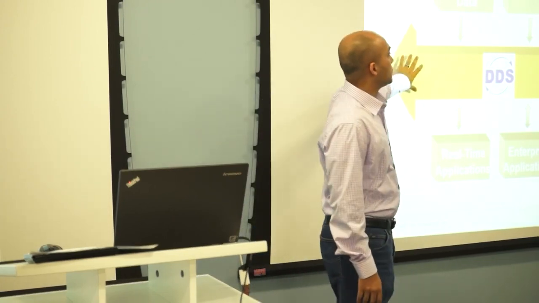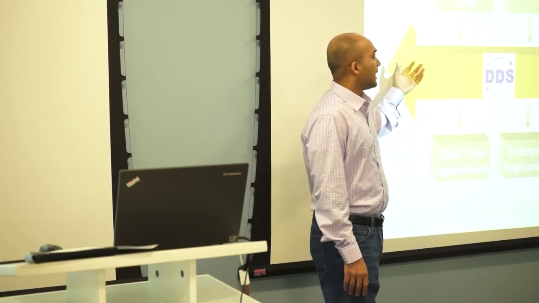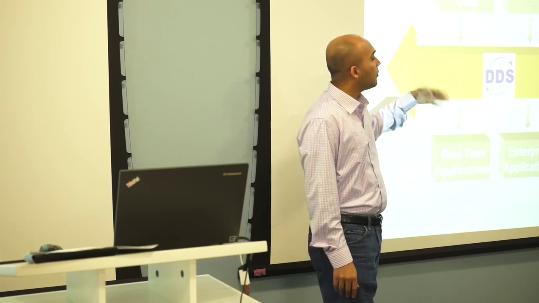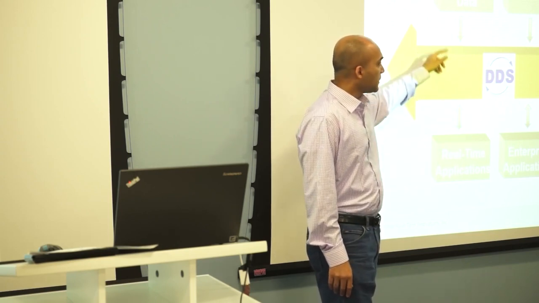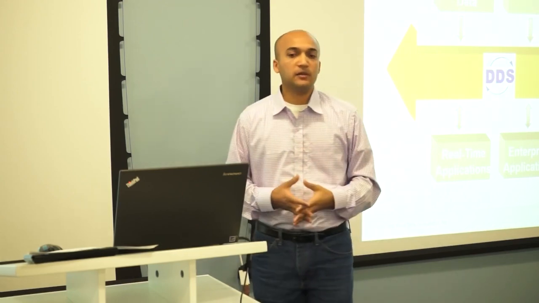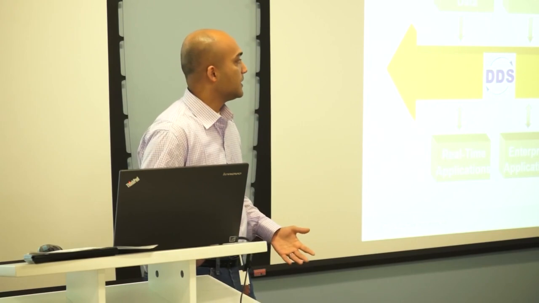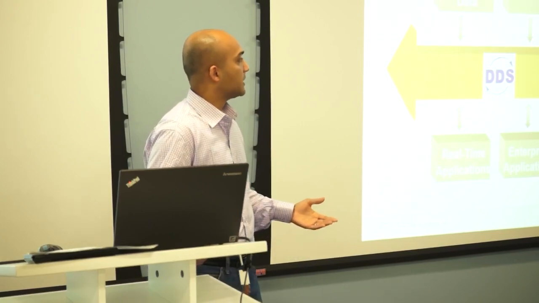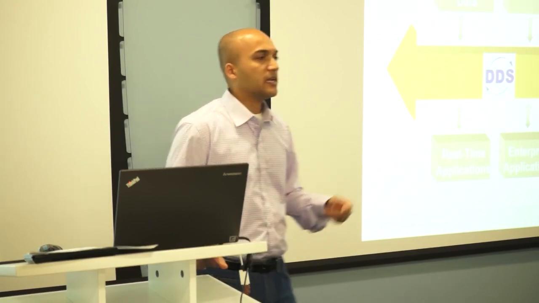So DDS allows you to do this communication, and it's special because at machine speeds, things don't wait. They are just going to happen no matter what. So the communication has to be a little more predictable. You cannot stop the system for garbage collection or those kinds of things. And then there are various other properties like reliability.